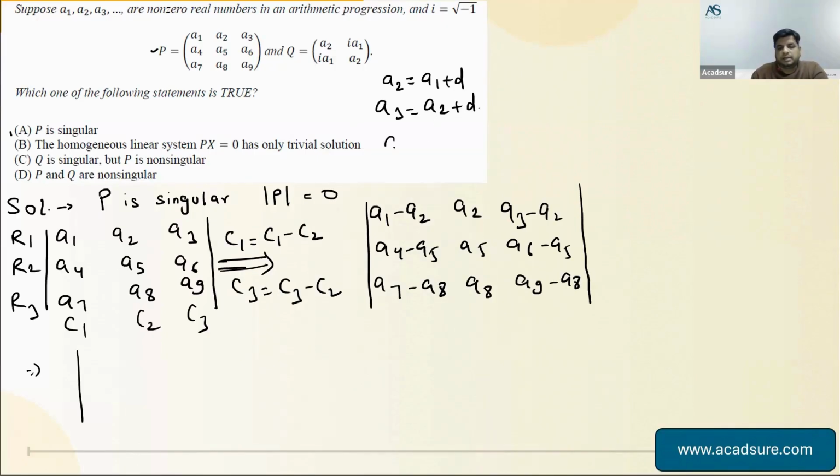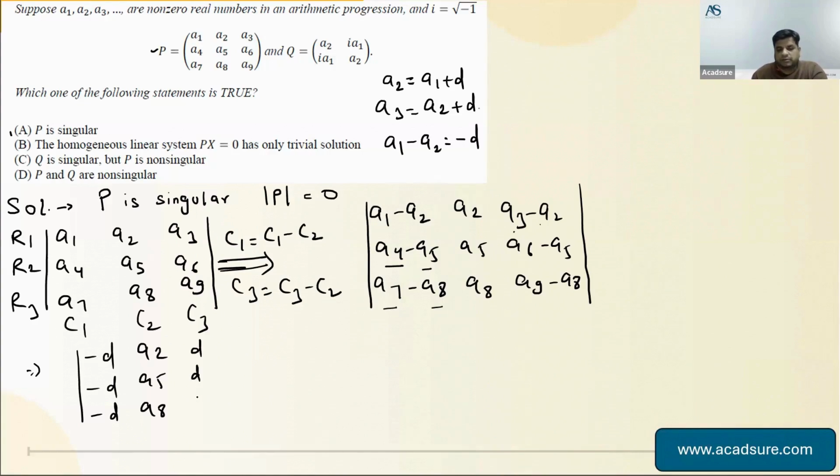So A1 minus A2 will be minus D. Similarly, A4 minus A5 will be minus D. A7 minus A8 will be minus D. So it will be minus D, minus D, minus D, A2, A5, A8, and A3 minus A2 will be D, the common difference of the AP.